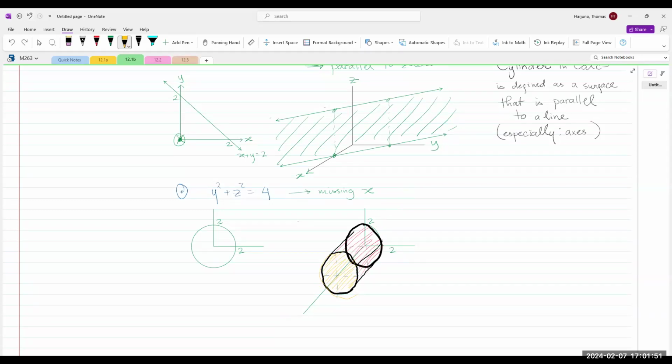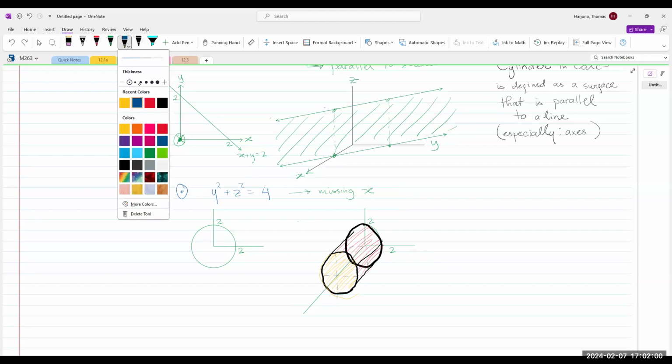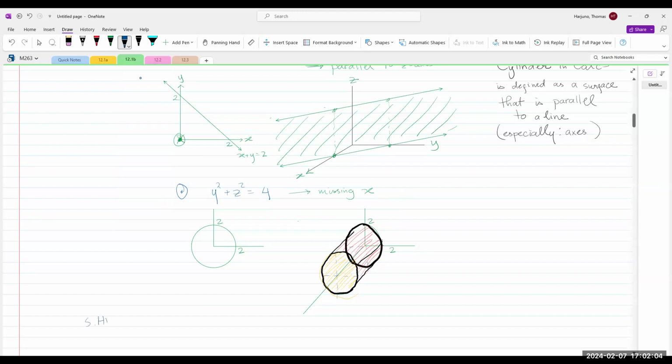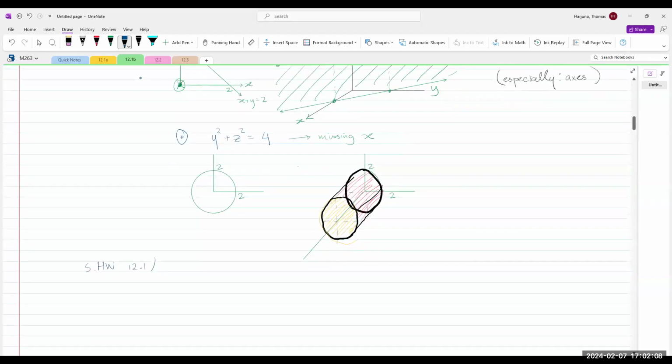Now, with that said, I think I can give you some suggested homework already. Again, suggested homework is for you to try, not to turn in. Let me write it here, suggested homework. From 12.1, I would like you to try number 2 to number 4, 7, 9 to 18, 20 to 22.